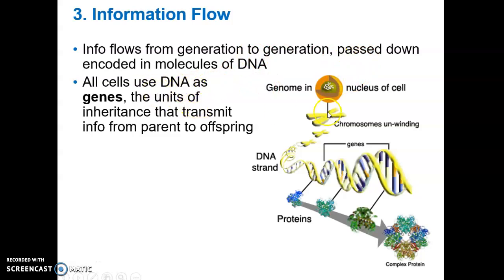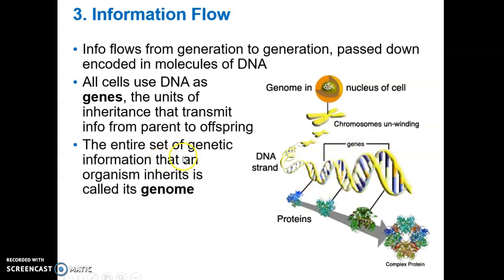The DNA has basic functional units that are called genes. Again, it's just a section of DNA. Right? All of the genetic information within an organism is called the organism's genome. And sometimes that term is applied to a population or a species even. We have the human genome, which is all the genetic information in humans on the planet.